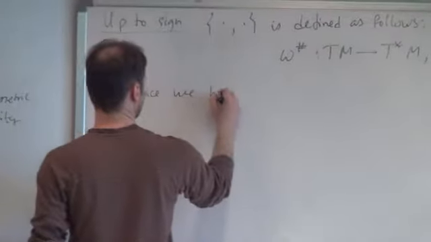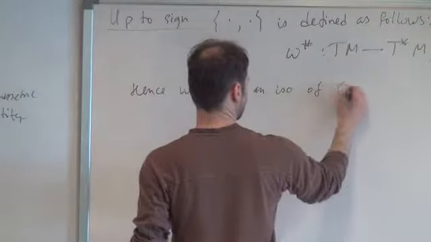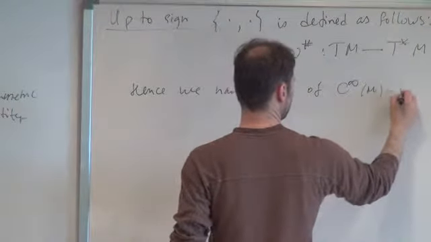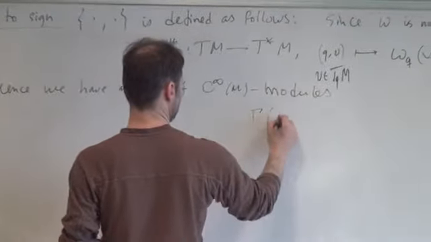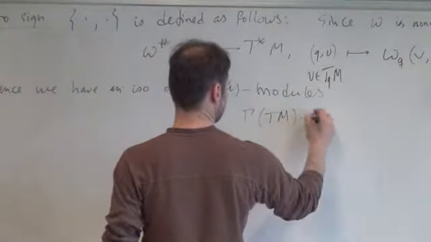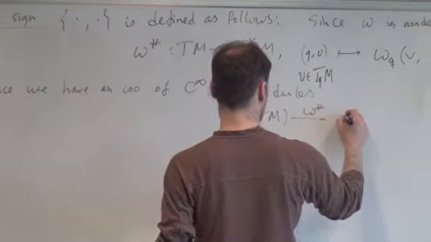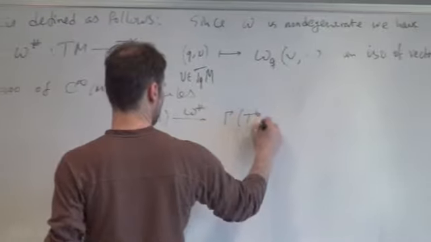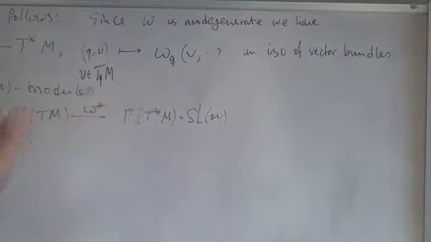And hence, we have an isomorphism of modules of sections of these bundles. Let me just call it omega sharp again. These sections are one forms.